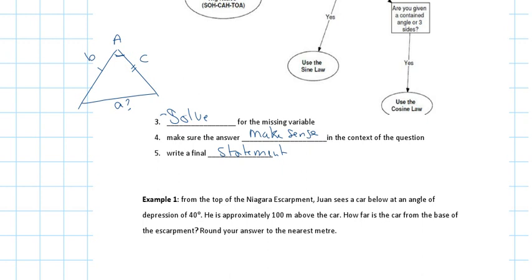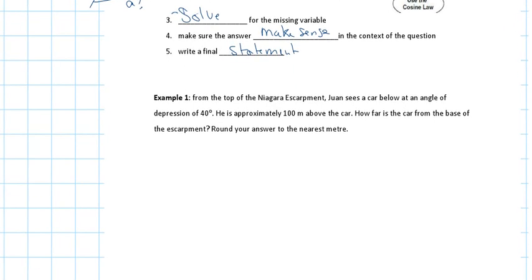So what do I start by trying? The angle of elevation, or do you mean the angle of depression? So where is Juan? Where is he standing? At the top of the escarpment. So basically that's like a top, right? So this is where Juan is.